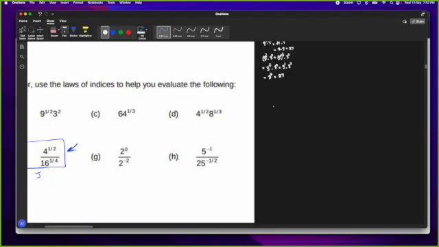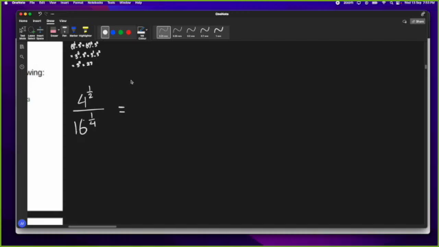Give me this one, please. What you got for that? 4 to the half divided by 16 to the quarter. Yes, Joseph, this time you got the hardest one of 2. So I could say that 4 is actually 2 squared, and that is to the power of a half.